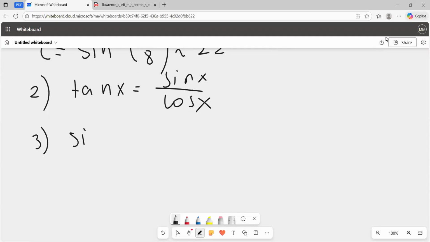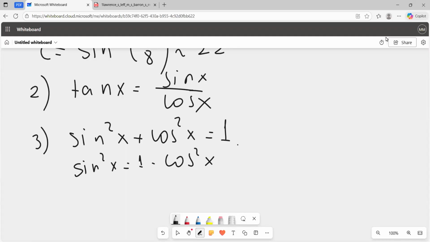And third one, this is important. Sine squared x plus cosine squared x is equal to 1, or we can write sine squared x is equal to 1 minus cosine squared x, or cosine squared x is equal to 1 minus sine squared x.